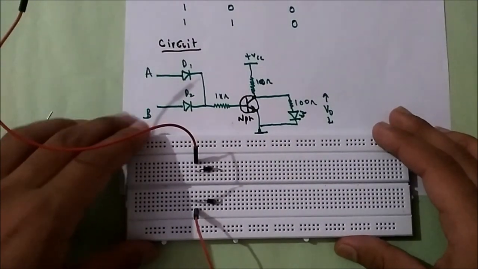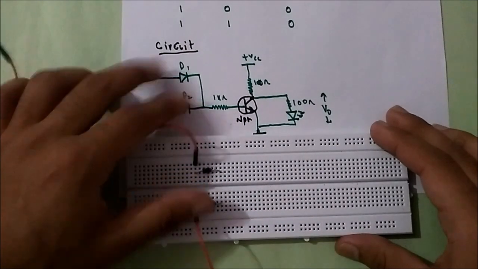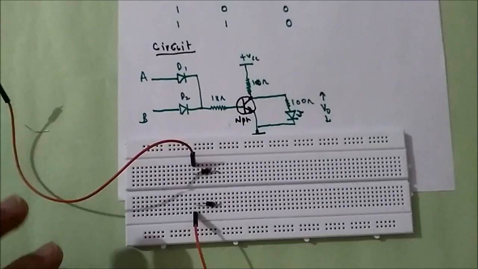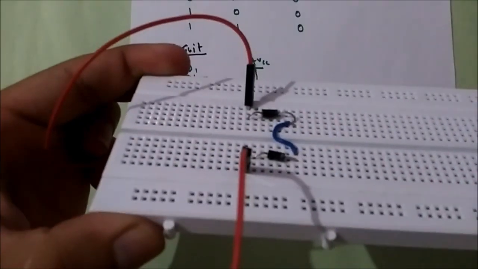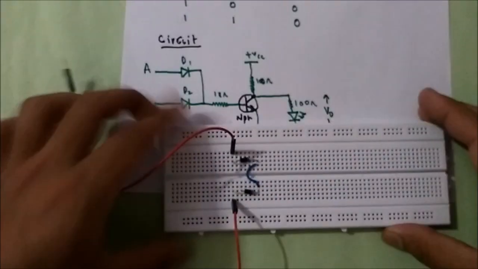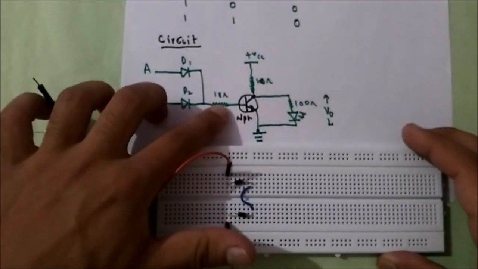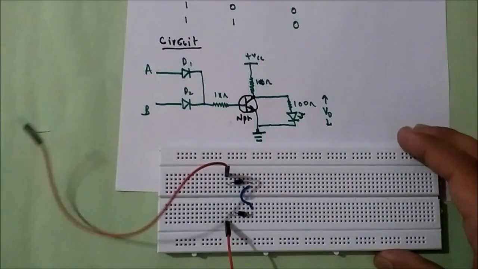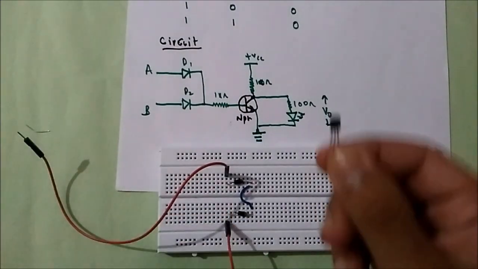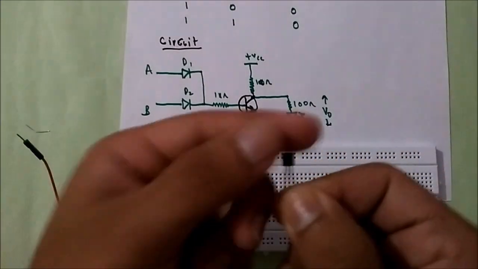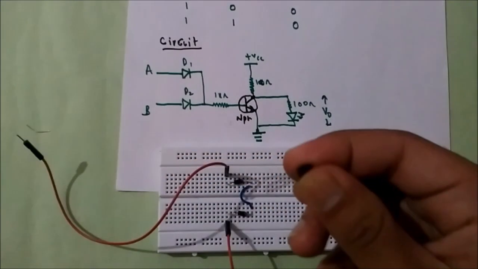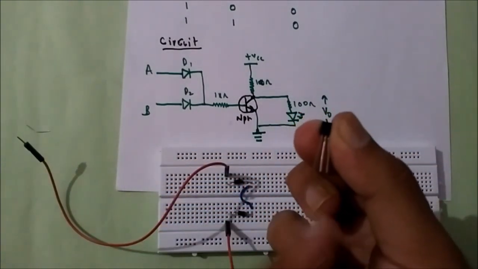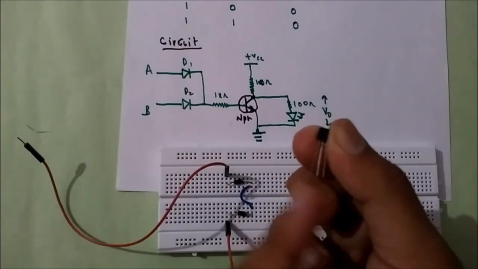Now as we can see from the circuit, their N terminals are shorted together. So I'll connect a wire. Now from there, a 1 kilo ohm resistor is directly connected to the base of the NPN transistor. The transistor I'll use here is BC547, in which the first terminal is collector, then base, and then emitter.